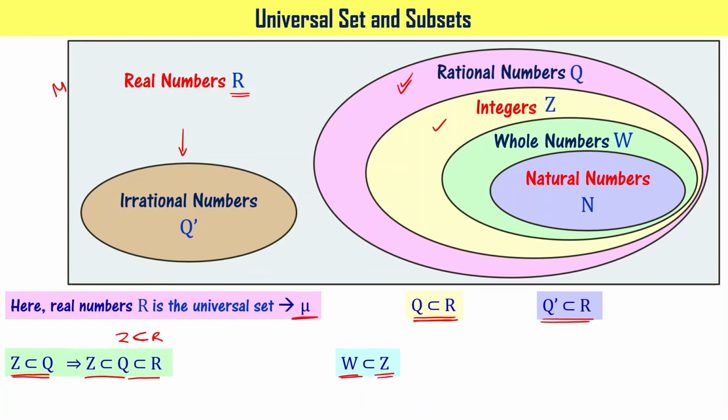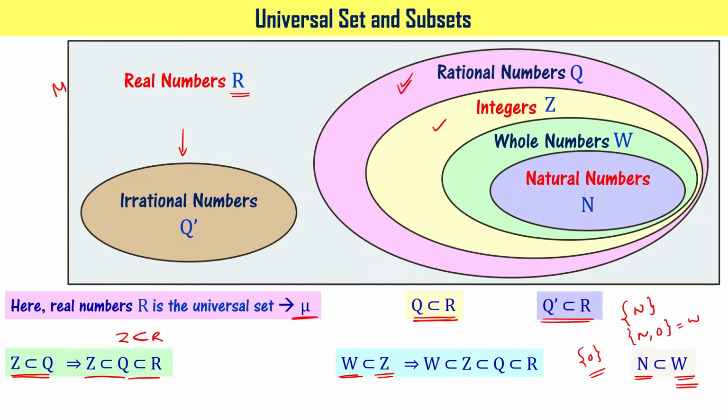And natural numbers are going to be a subset of whole numbers, right? Because natural numbers and 0 put together is W. Understood? So N is also a subset of W, right?